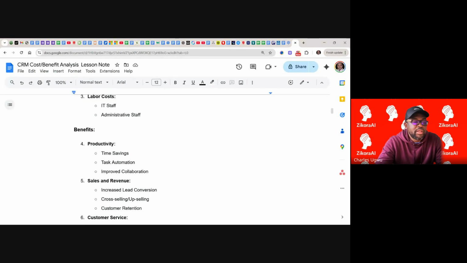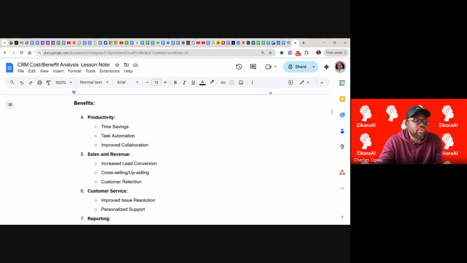Some, like automations, are going to be difficult to understand the value of, but there are still some calculations available. Improved collaboration. These are all benefits. You need to find a way to monetize them.